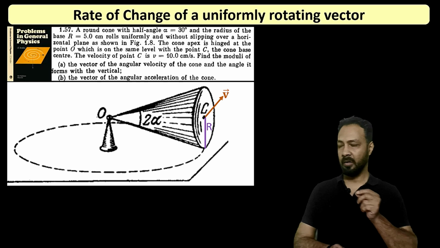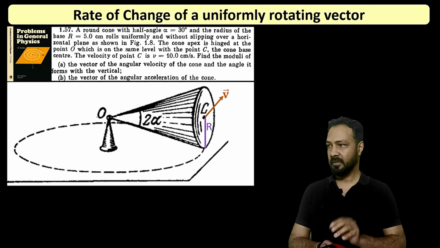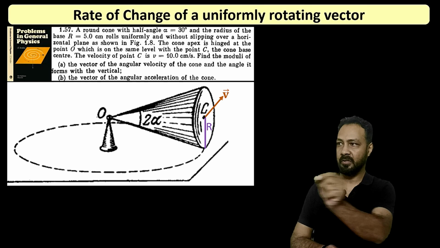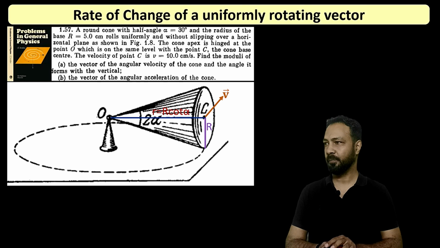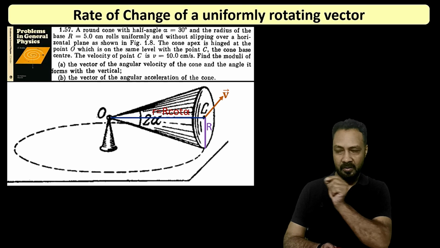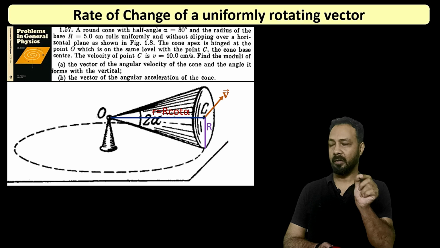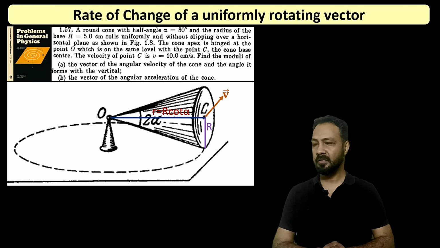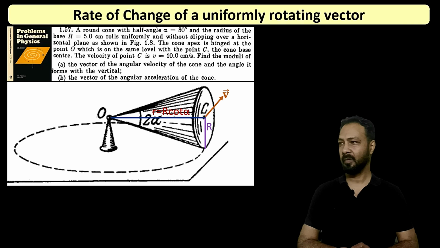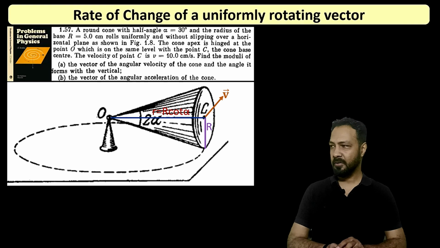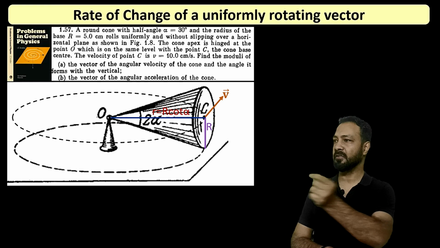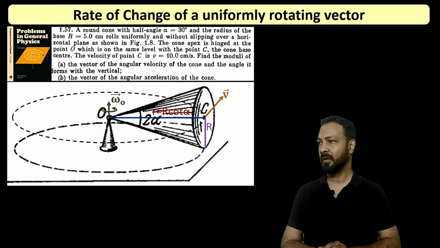You can see that this is the center and this is the hinge point, and the center of the circle is rotating in a circle. The center of this cone and the hinge point O are separated by distance r cot alpha, and the center is rotating in this horizontal circle whose radius is r cot alpha.